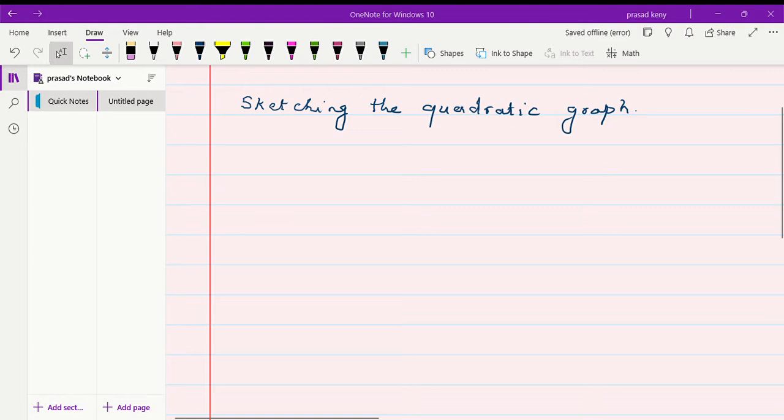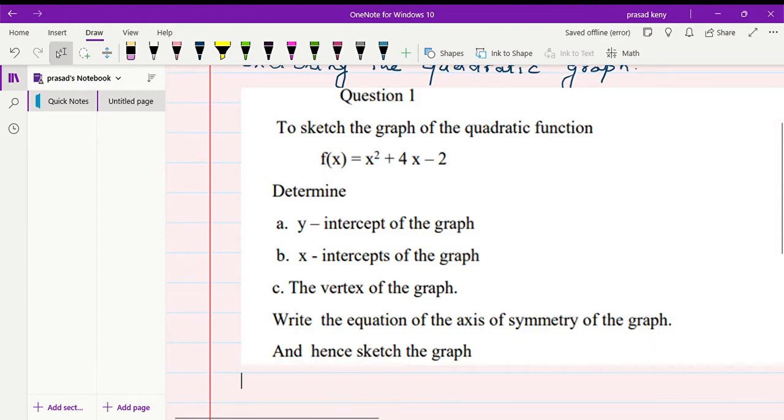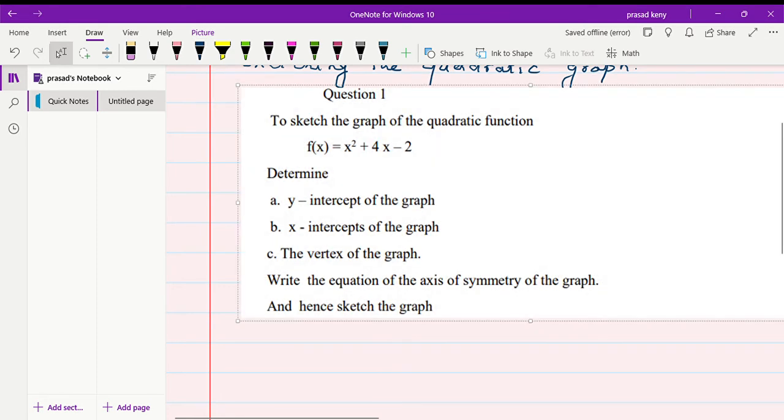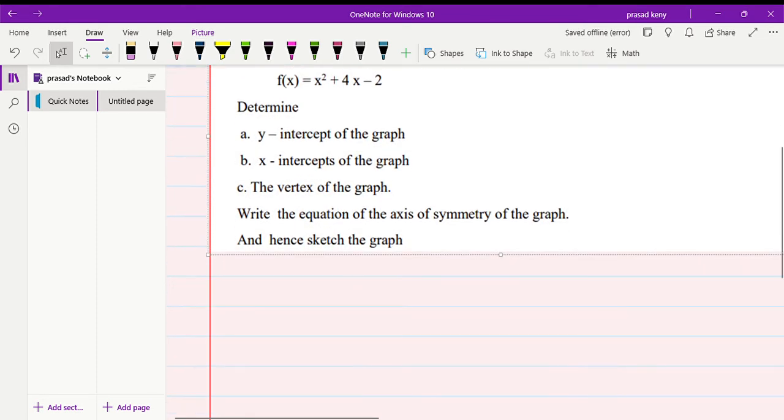So this is a problem on sketching the quadratic graph that we will see today. Now just go through this question. You have to sketch the graph of the quadratic function f(x) is equal to x square plus 4x minus 2.